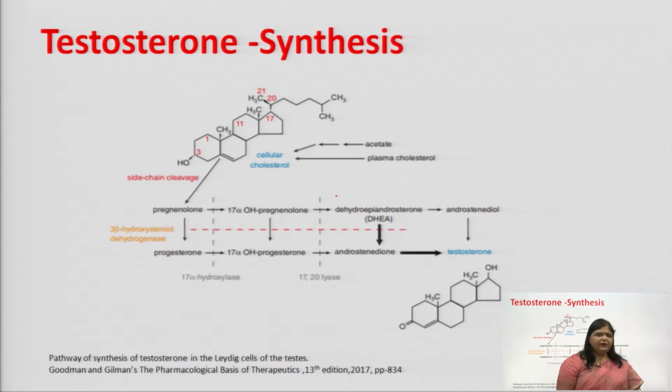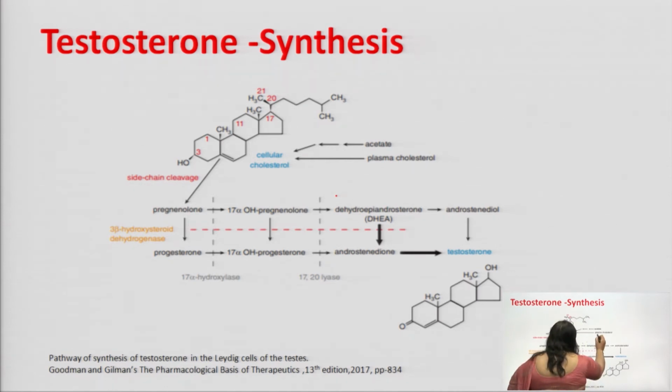We already talked about the synthesis of testosterone, where the starting material is cellular cholesterol, which by further cleavage of the chain is converted into various compounds and produces testosterone, the final compound.